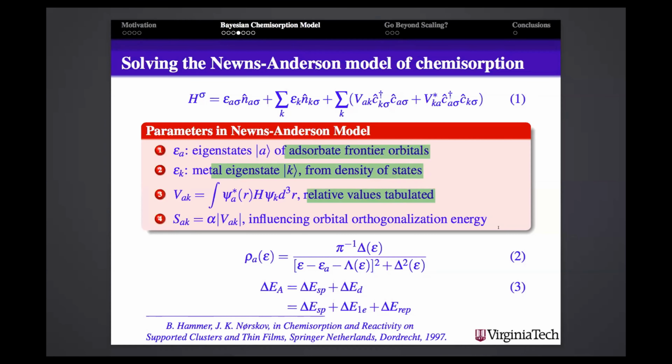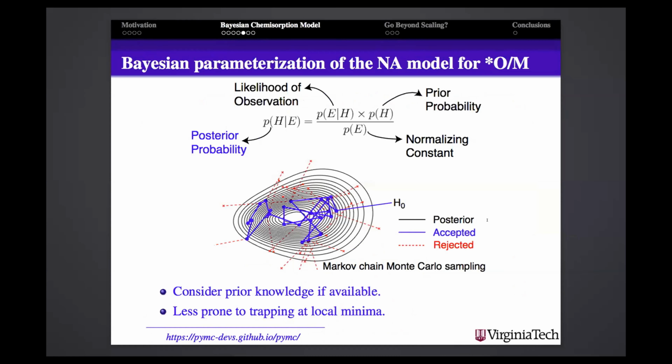For these fitting parameters, you can use more deterministic fitting to get those parameters with some training data. But I would like to take a Bayesian approach. So in this approach, you can see this is Bayes' theorem. Basically what you want to figure out is the probability distribution of those parameters for given evidence or given data sets.